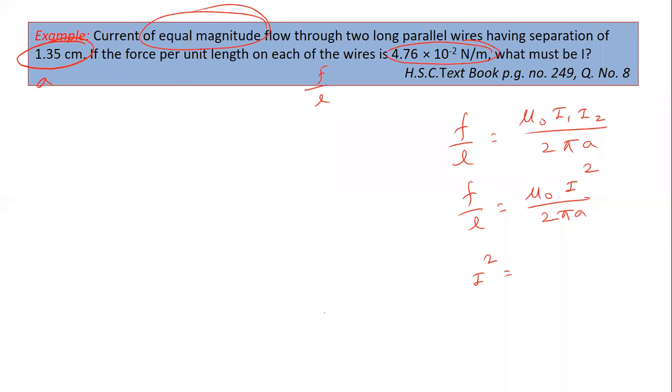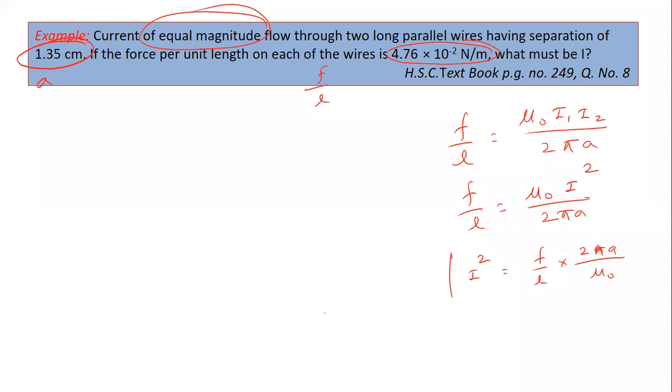And by using that we can write the formula for I square. I square is equal to F by L multiplied by 2 pi A divided by mu 0.